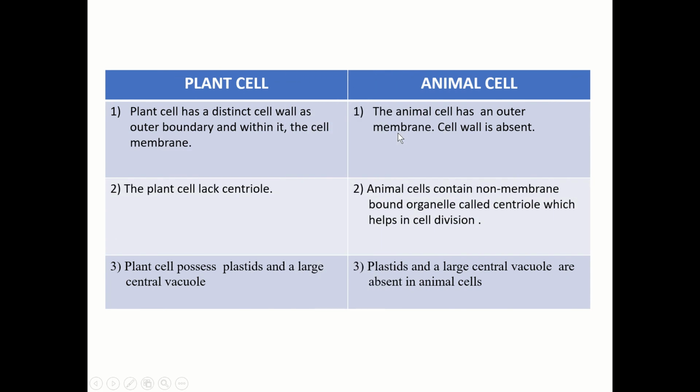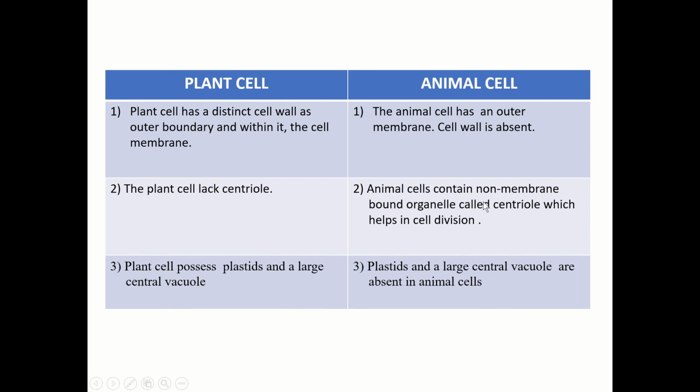Now let us see the difference between plant cell and animal cell. The plant cell has a distinct cell wall as an outer boundary, and within it the cell membrane, whereas the animal cell has an outer membrane and the cell wall is absent. The plant cell lacks centriole.